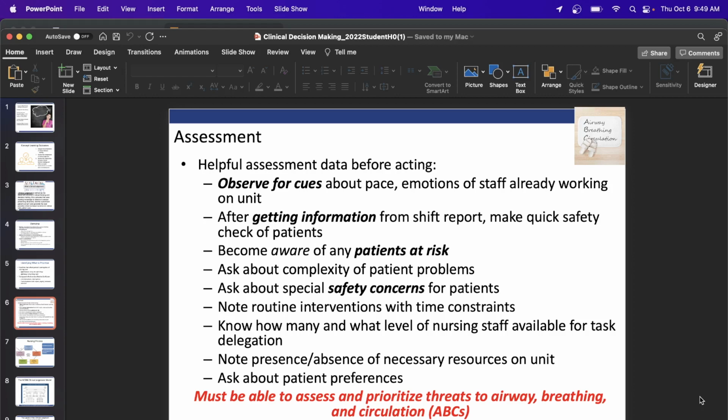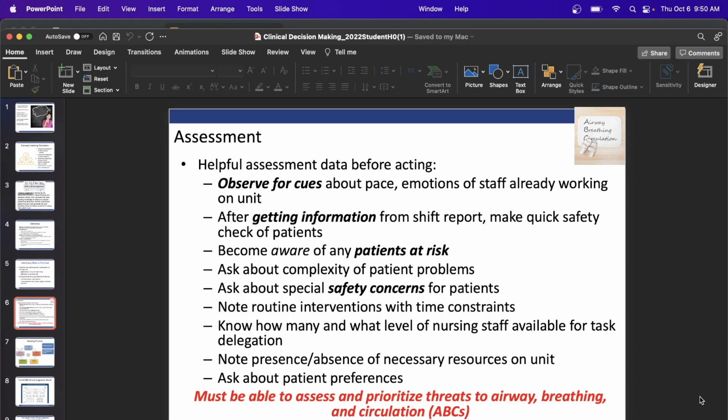I'm noticing, just as you said, if they've got anything running in, do they have the right fluids up at the right rate? Do they have anything draining from them, any drainage bags, any Foley catheters? So you're really doing your initial survey and assessment in that moment as you're getting handoff in the patient's room. Ideally, it should not be done in the hall. I know that it is done in the hall, but ideally it should really be done at the bedside so you can do your initial survey.